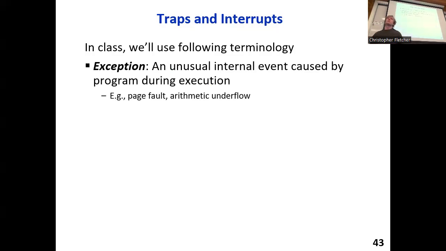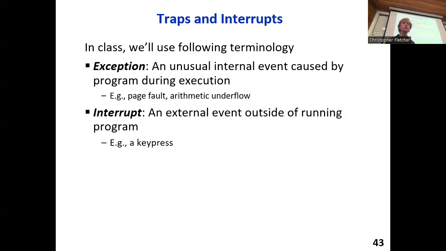So we're going to use the following terminology. This terminology is sadly not consistent across different textbooks, but this is the terminology that we will use. So an exception, we'll say, is an unusual internal event caused by a program during execution. So this is like arithmetic overflow, a page fault, something like that. An interrupt is an external event outside of the running program. So this is like if you press a key. It's not something that your program can anticipate, and it's not something that the program can blame on a particular instruction.